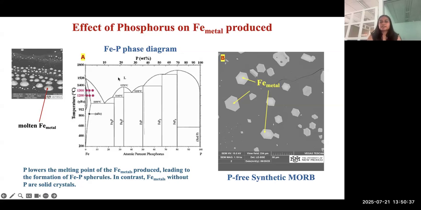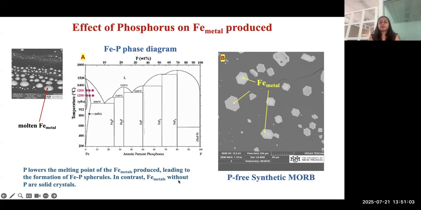To test that hypothesis, we also have phosphorus-free synthetic MORB that is just made in the lab. We expected to see no metal spheres, no symmetrical spherules. Indeed, we do not see them. We see these crystals, which are hexagonal close-packed iron metal.